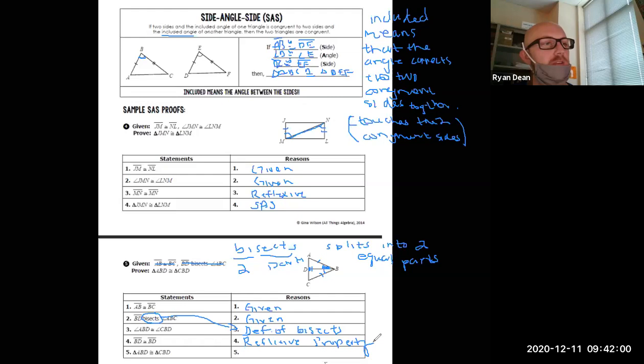That's why I say it's the easiest one to remember. And then this last line is also side angle side, because we have the two congruent sides, side 1 and side 2, connected by this angle, the included angle. So this one is also going to be side angle side.